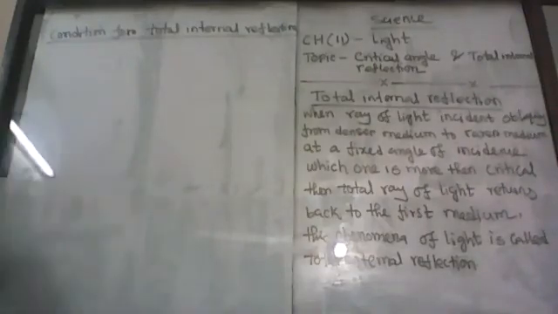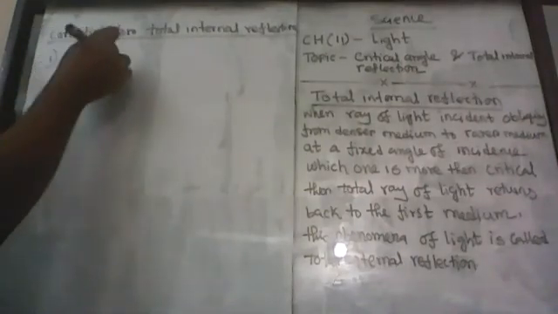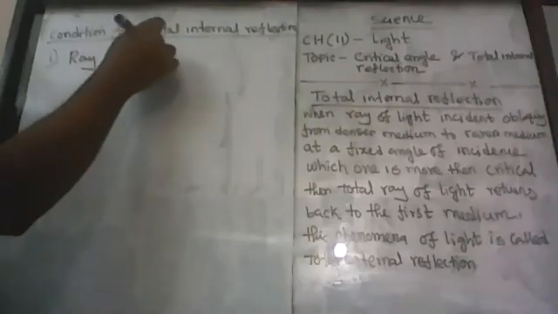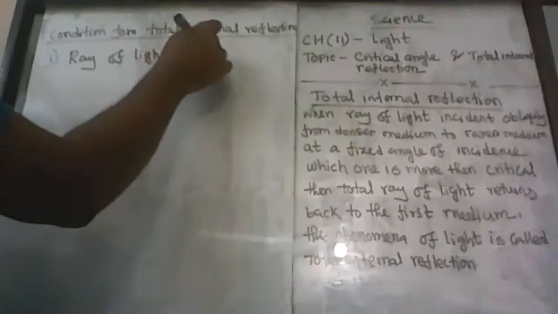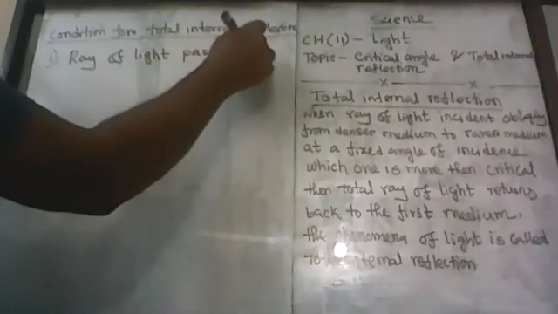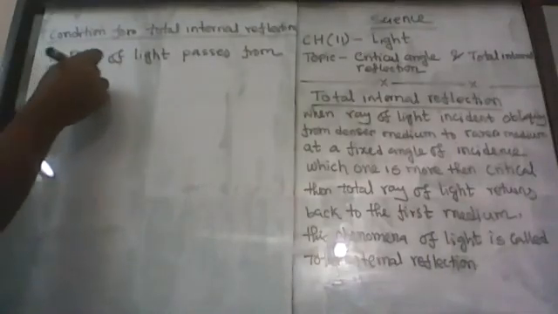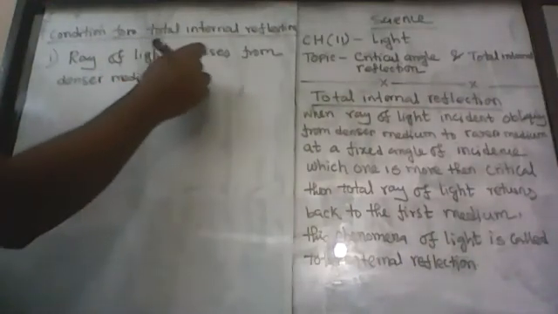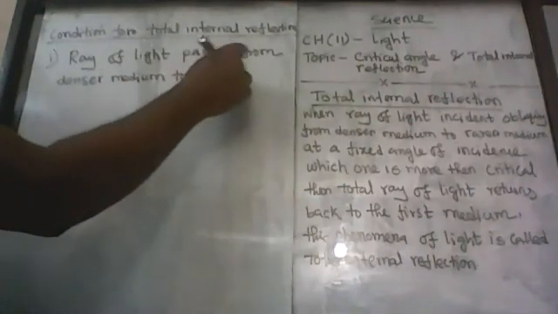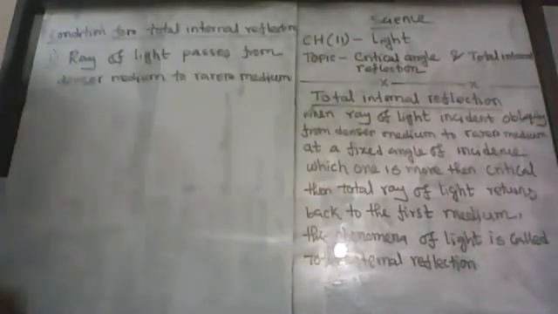So the first condition is that the ray of light passes from a denser medium to a rarer medium.